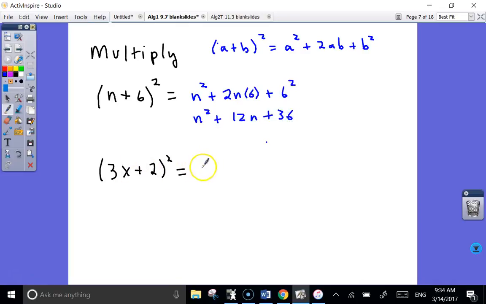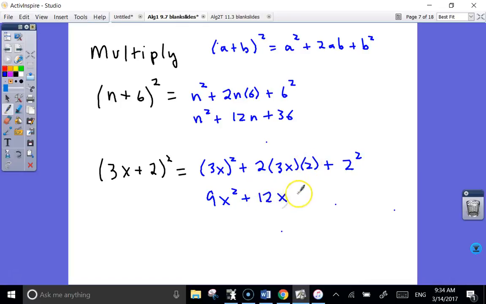So how about this one here? The first term squared plus 2 times, the 2 is part of the formula, 3x times 2, plus the last number squared, 2 squared. Simplify: 9x squared plus 2 times 3 times 2, 12x, plus 4.